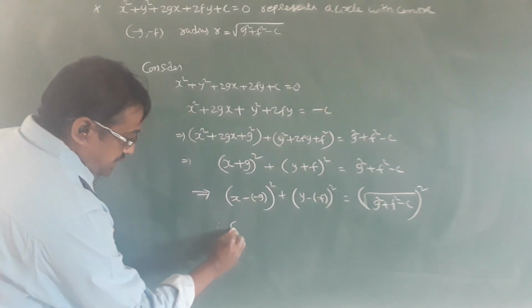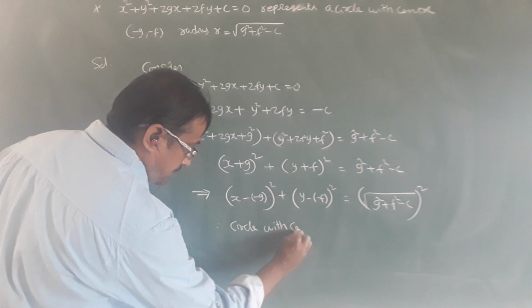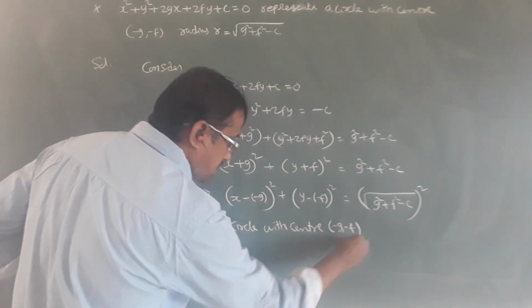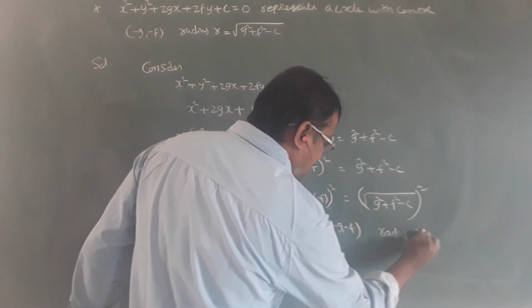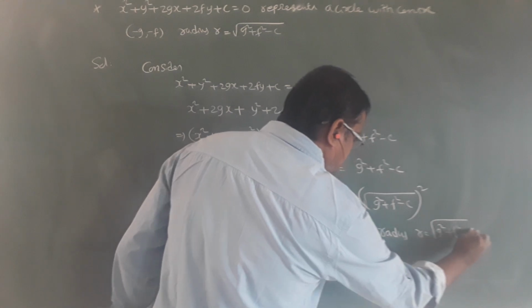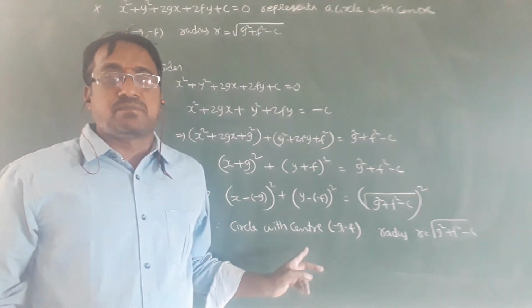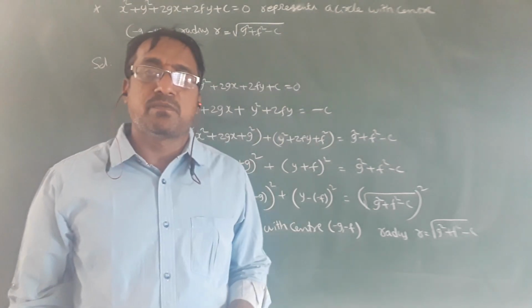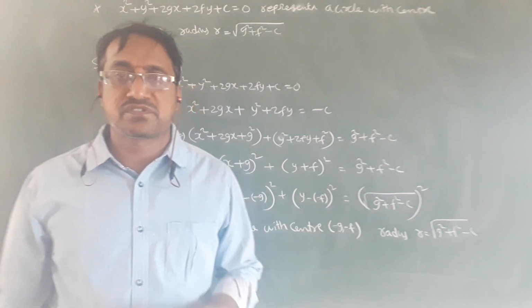Therefore, it is a circle with the center, what is the center of the circle? Minus g comma minus f, and the radius r is equal to root of g square plus f square minus c. So this equation represents a circle with the center (minus g, minus f) and radius root over g square plus f square minus c.